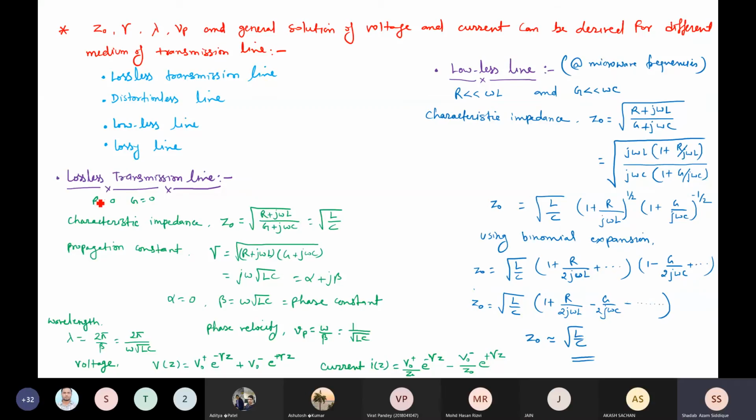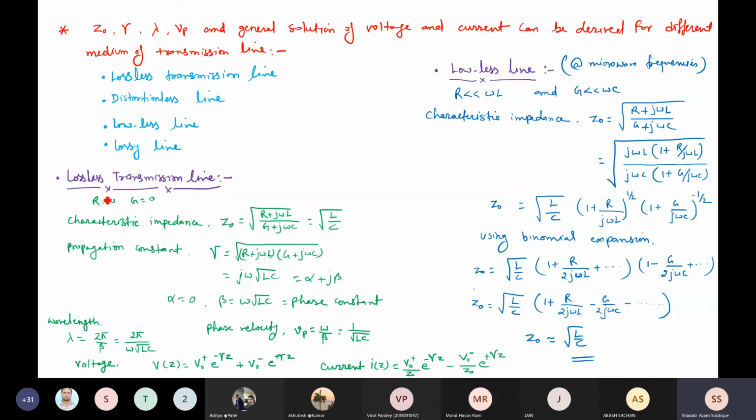Loss occurs due to resistance, as well as leakage through conductance. Resistance causes I squared R loss, heating loss, or ohmic loss, and G is the leakage current, which causes leakage loss.